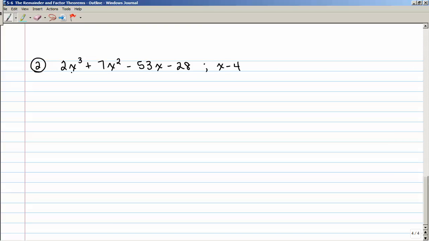Given the polynomial 2x cubed plus 7x squared minus 53x minus 28, I know that one of the factors is x minus 4. I need to find the other factors. So let's use synthetic division. Since this is already in the form of minus, I will use a positive 4. List my coefficients. I don't think I need any zeros in this case.